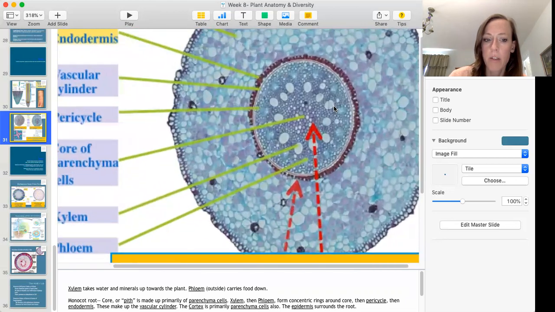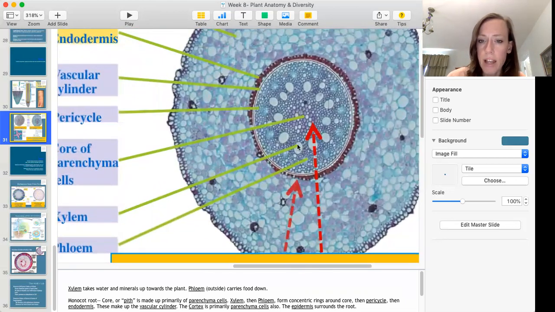So in our monocot root, the xylem is forming this ring of large openings, most towards the center, aside from this core. Okay, so this core is parenchyma cells. It's called the pith.